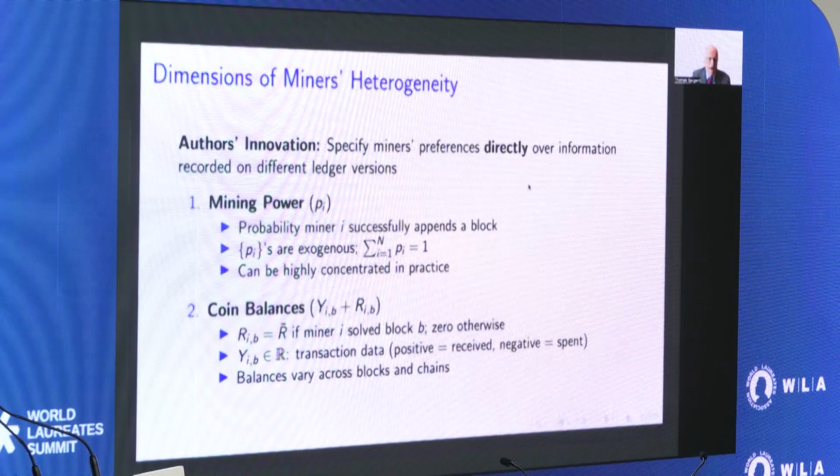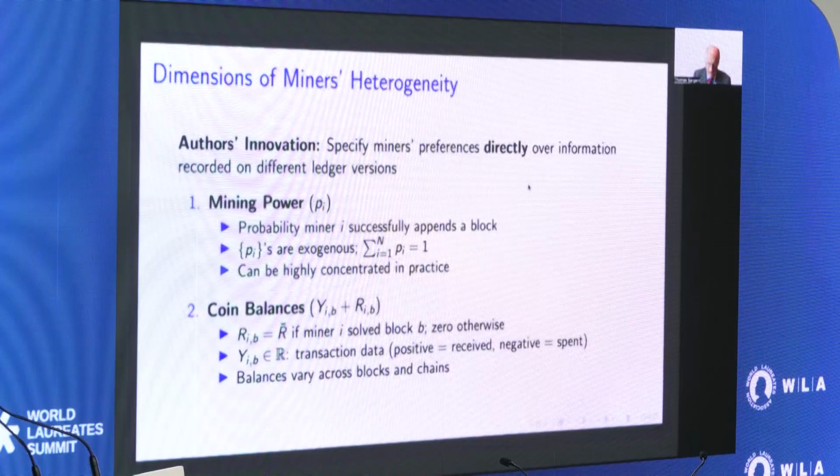Some miners can be a lot more influential than others. And then the next thing is balances. There are balances and there's transactions data, and balances vary across blocks and across chains. Blocks are parts of chains.